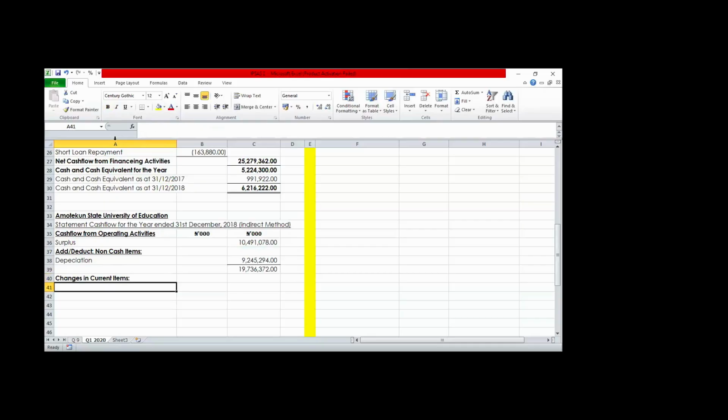We have increase or decrease in inventory.